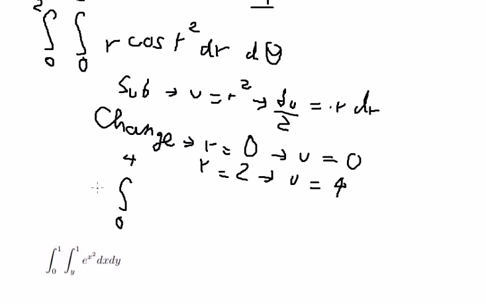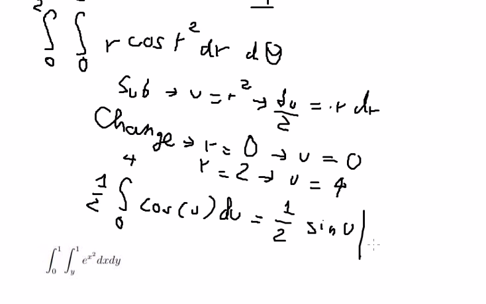And this one you got 1 over 2 cosine of u du. And we got 1 over 2 sine u. And we have the bounds from 0 to 4. We put number 4 and number 0 in here.